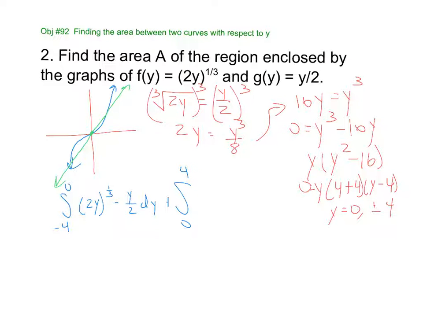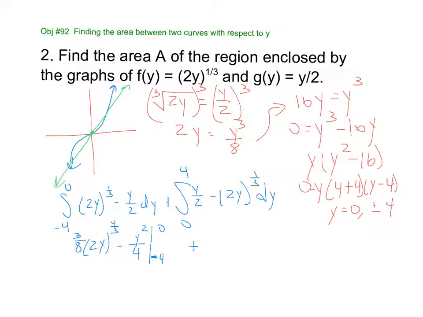Now we're going to flip them: y over 2 is first, minus 2y to the 1/3 dy. So we add 1, so 2y to the 4/3, and remember, 3 over 4, but then we have to divide by the 2 also. So it's really 3 over 8 minus y squared over 4 from -4 to 0.